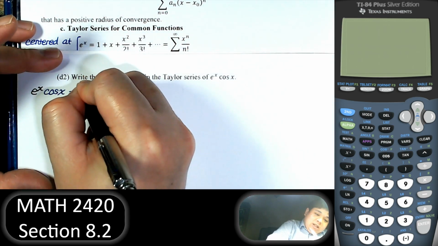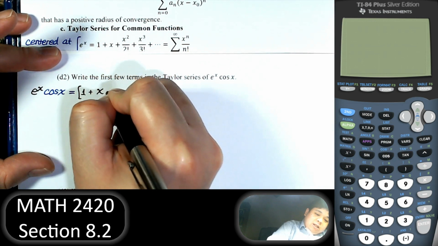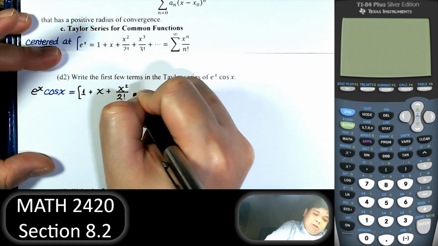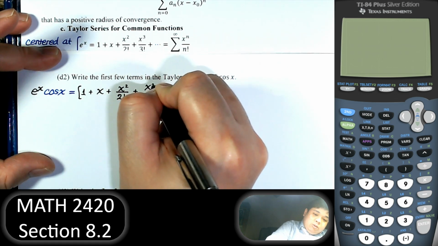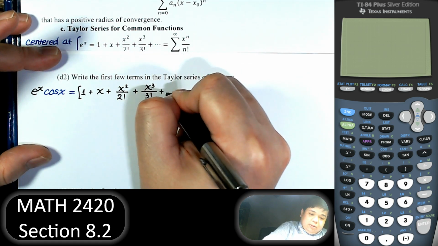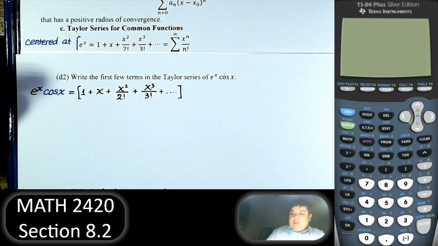The power series for e to the x is 1 plus x plus x squared over 2 factorial plus x cubed over 3 factorial. So that is the power series for e to the x.